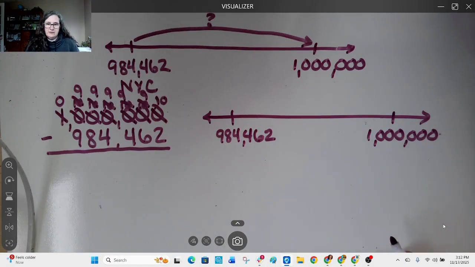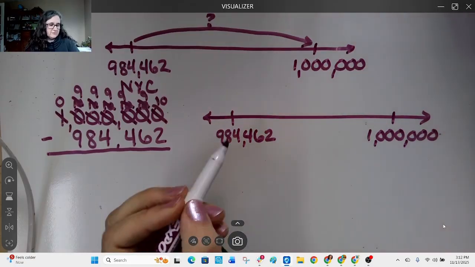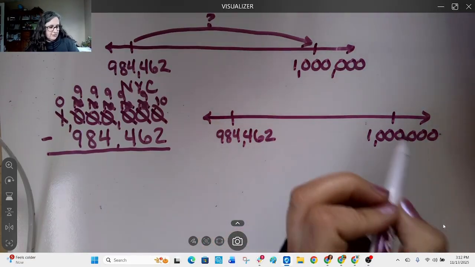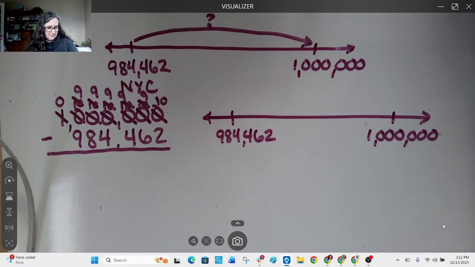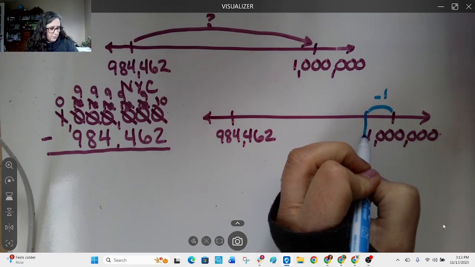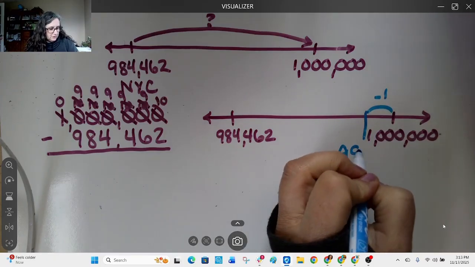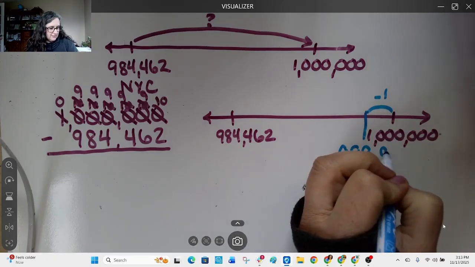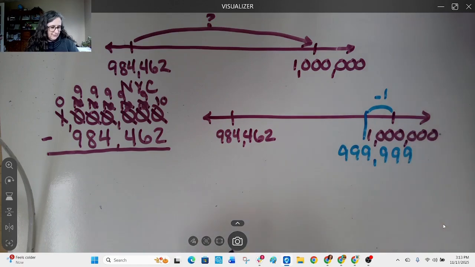Okay, let's think of another strategy to solve this, and this one is called compensation. So I am going to take away 1 from 1 million, which will get me to 999,999.